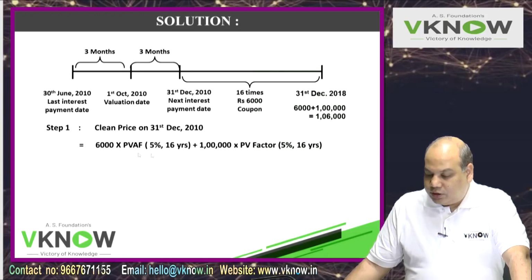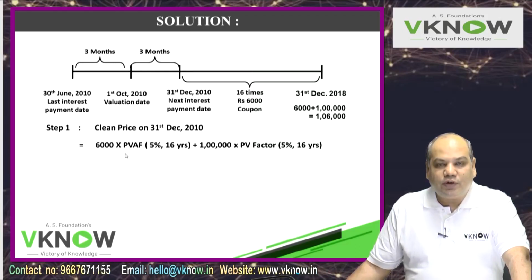So after writing this formula for calculating the clean price, let us calculate two things. First we'll calculate this annuity factor, and this will calculate present value factor. So take on your calculator 1 divide by 1.05.